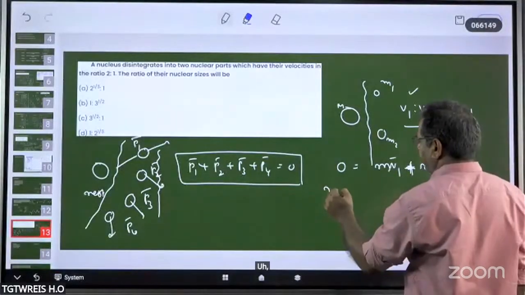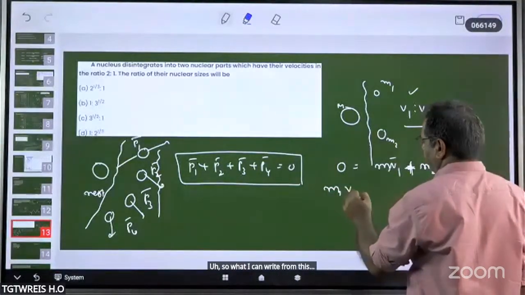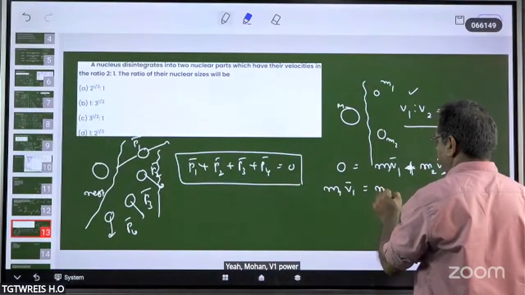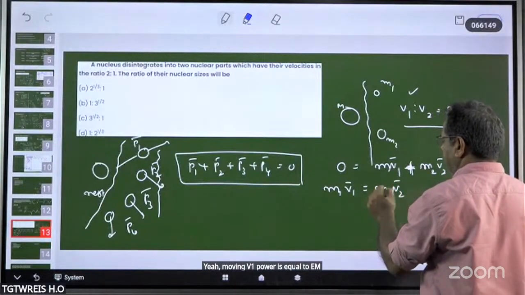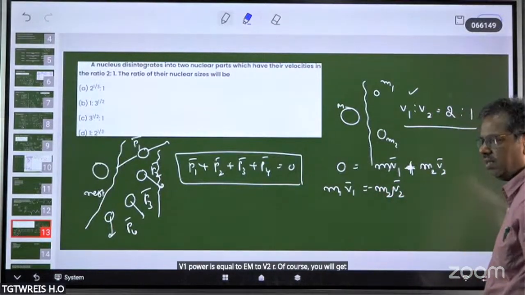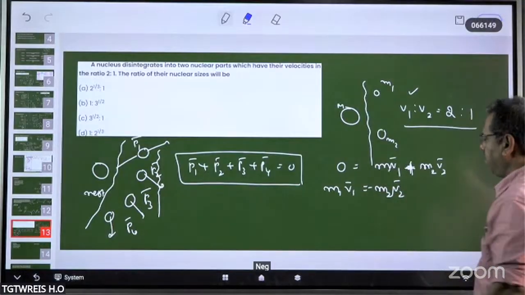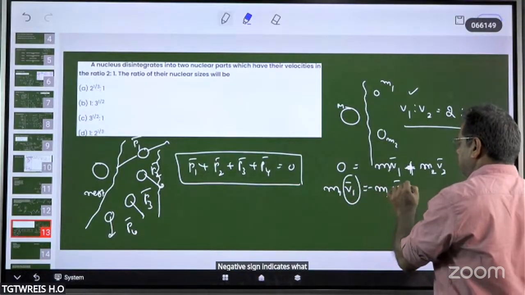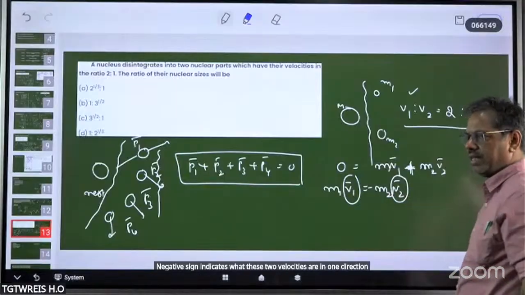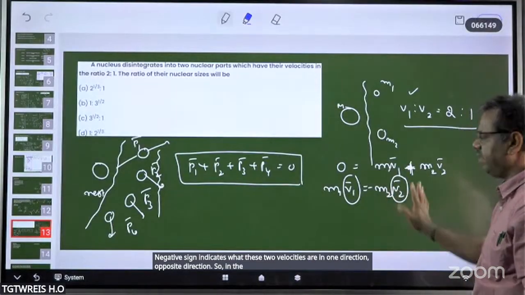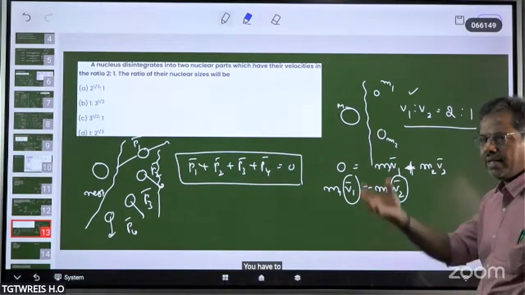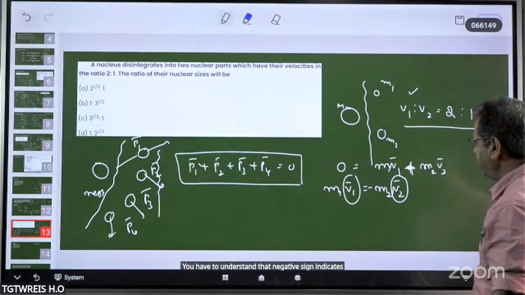So from this I can write m1 v1 bar is equal to minus m2 v2 bar. The negative sign indicates that these two velocities are in the opposite direction. In vectors, if you get a minus anywhere, you have to understand that the negative sign indicates the opposite direction itself.